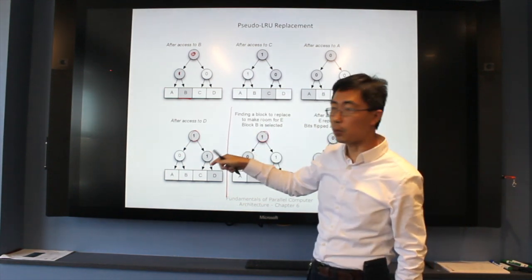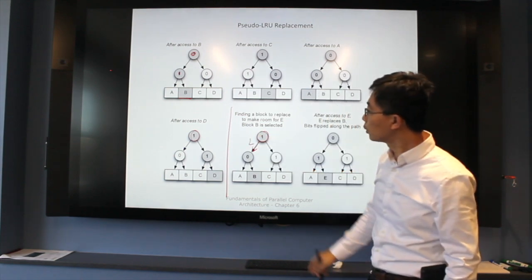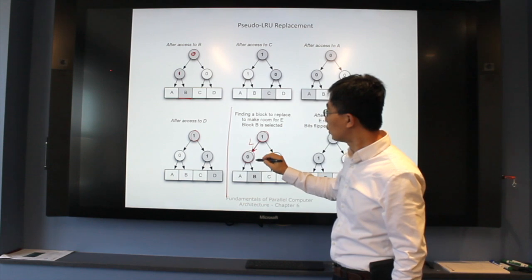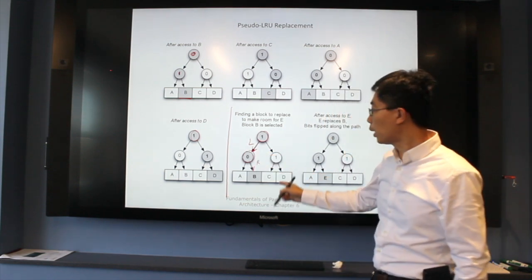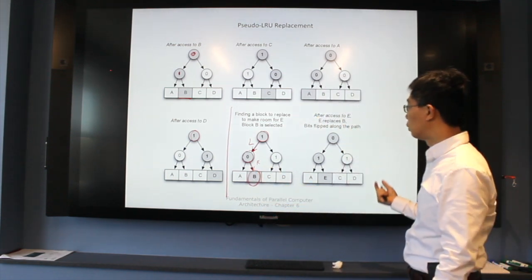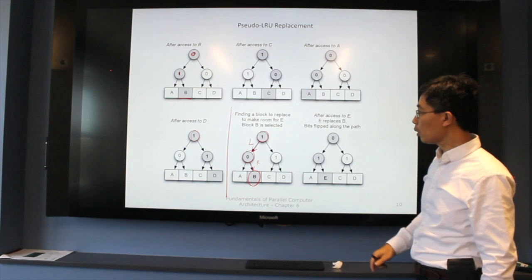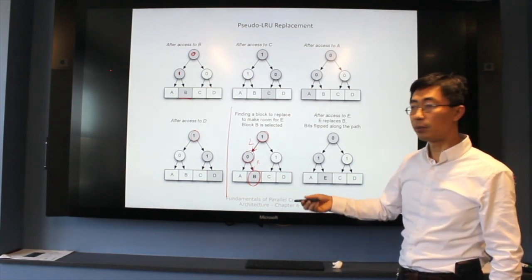So now we go to the opposite. So we go to the left. We turn left, and then when we see 0, we turn right instead of left. So then we identify this is the block that we want to victimize to place E. So E will be placed here to replace B.